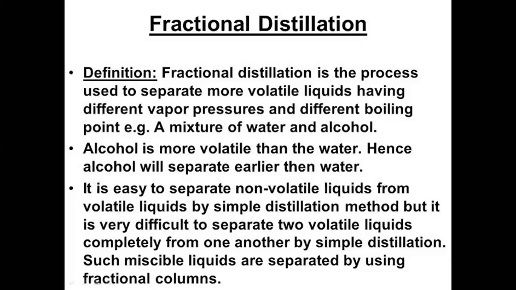This ensures that the second component retains its liquid state even when the first liquid vaporizes. But if the boiling points of the liquids have a very small difference, the vapor obtained will be a mixture. In such a case, the mixture will not be separated properly.